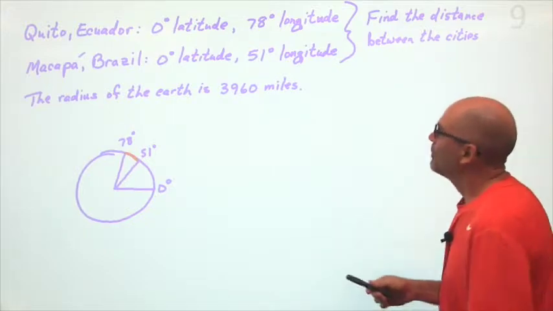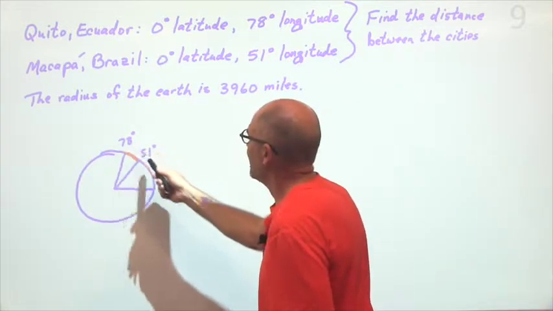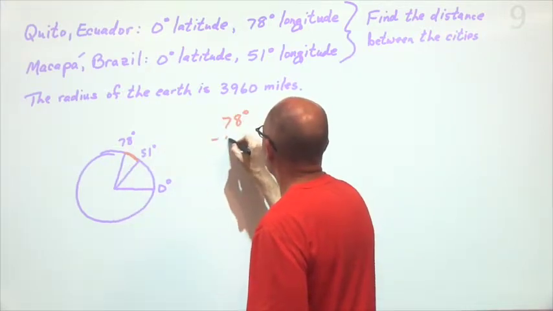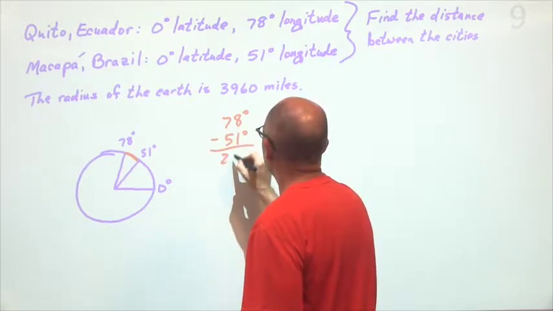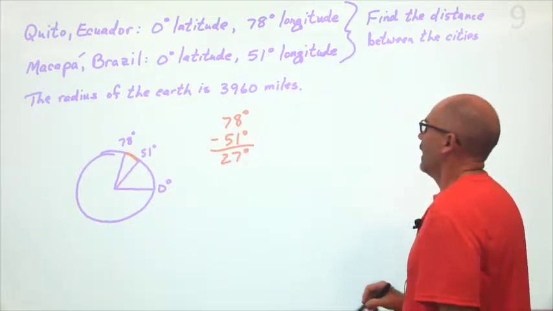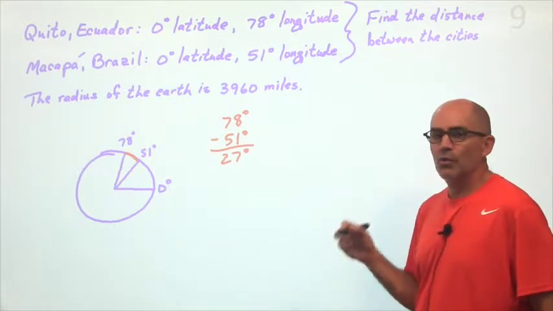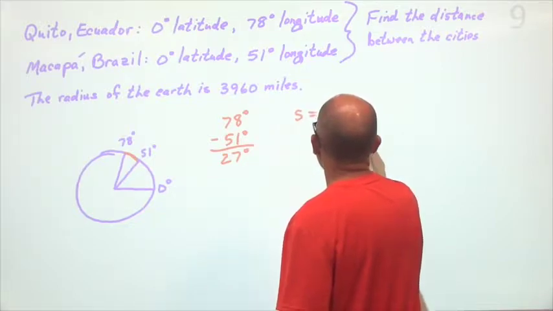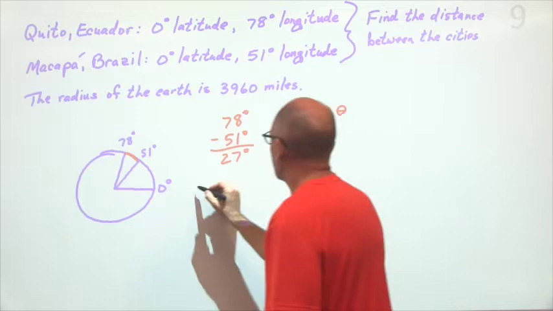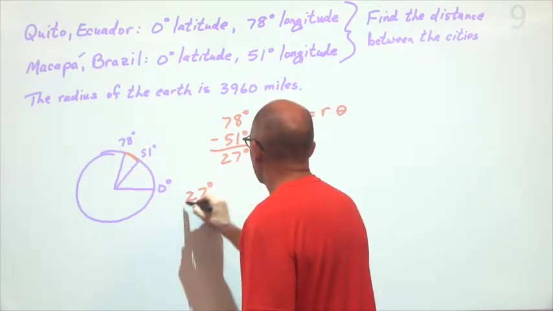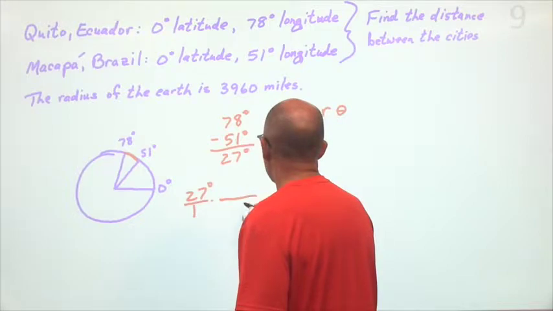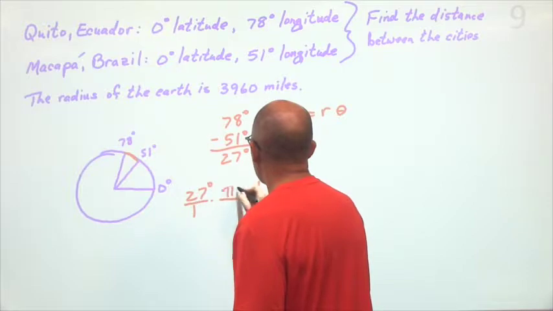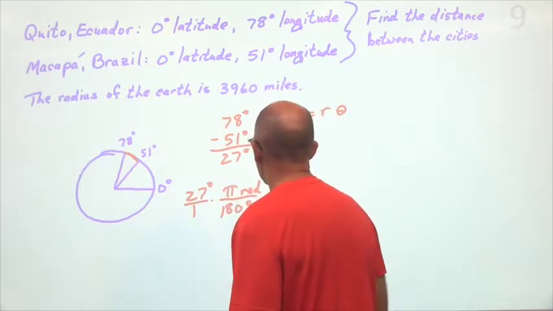All right. So what we do is we say the angle difference is 78 minus 51, which is 27 degrees. Now we need to change that into radians because we know that S equals R theta in radians. So I say 27 degrees over 1 times, now I'm getting rid of degrees and changing it into radians, pi radians per 180 degrees.